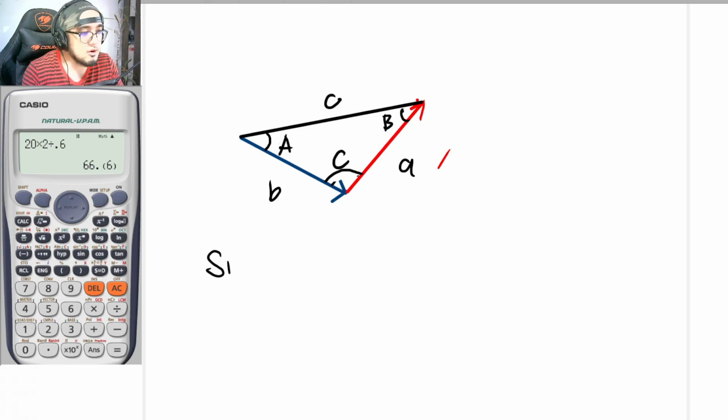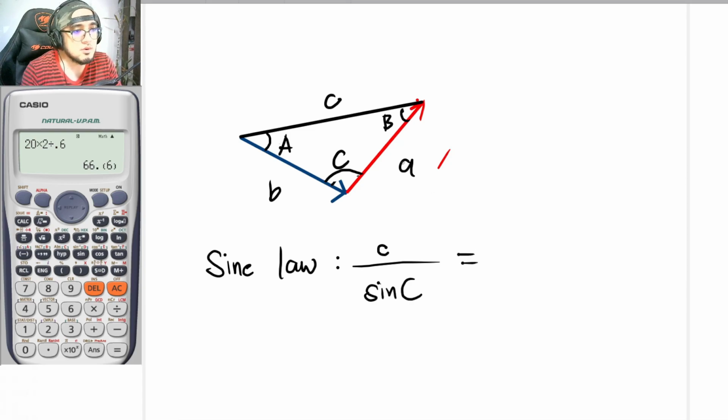So for your sine law, the side, so small c divided by sine C is equal to the side, that is small a divided by sine A, and this to be equal to b divided by sine B. So do not get confused.